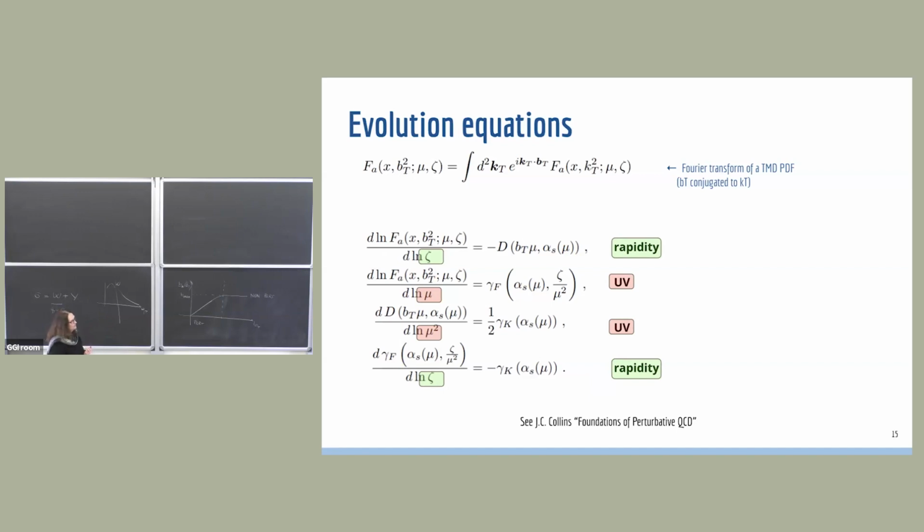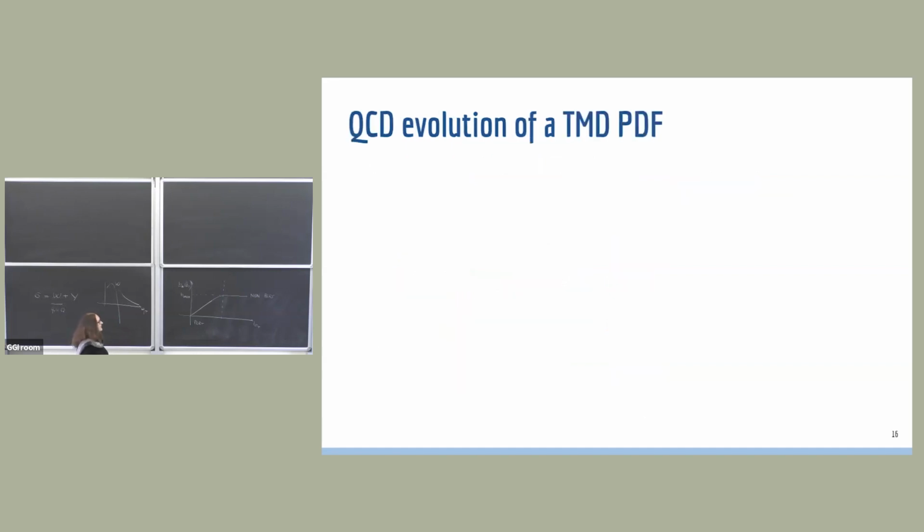Here, you don't just have ultraviolet divergences that you can renormalize with the renormalization group. You have to take into account rapidity. And we have talked about rapidity extensively yesterday, so I'm not going back to this. The techniques that you use are the same. This time, however, you have another scale, which is zeta, and its rapidity, okay?